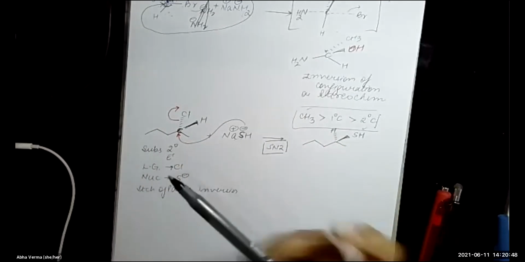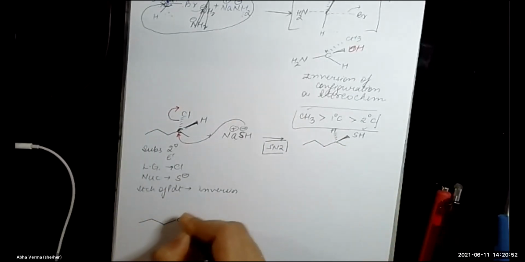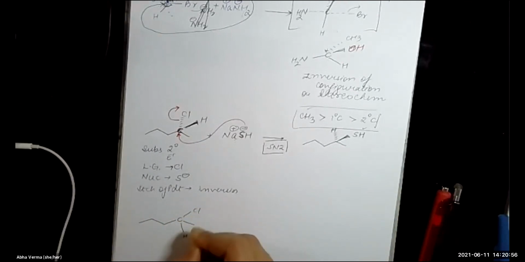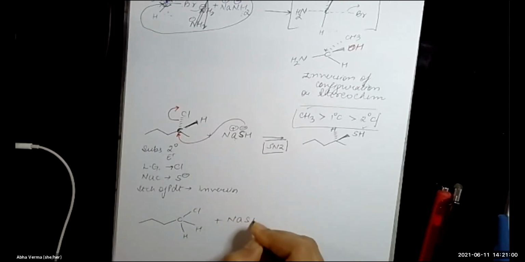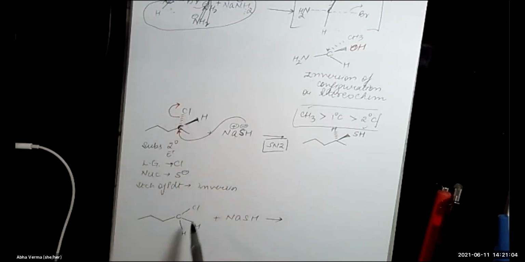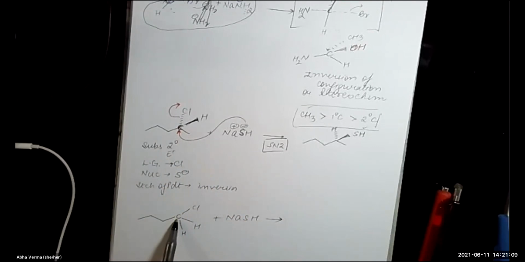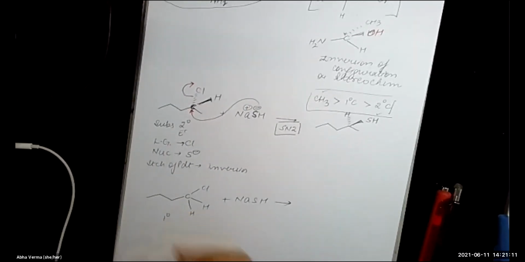So if I have these two same groups, Cl now H. So now for the same nucleophile, same leaving group, but is my substrate the same? No, my substrate is now a primary substrate.